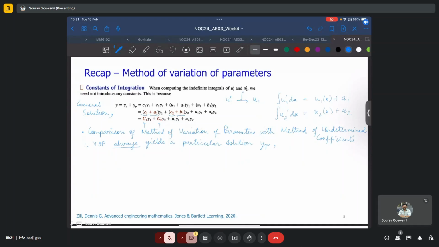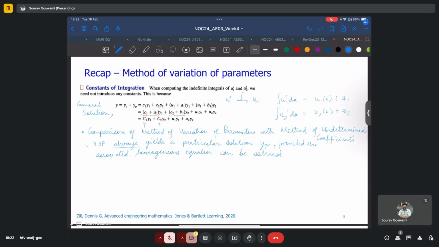Of course, the solution should exist, and the condition for that is, provided the associated homogeneous equation can be solved.